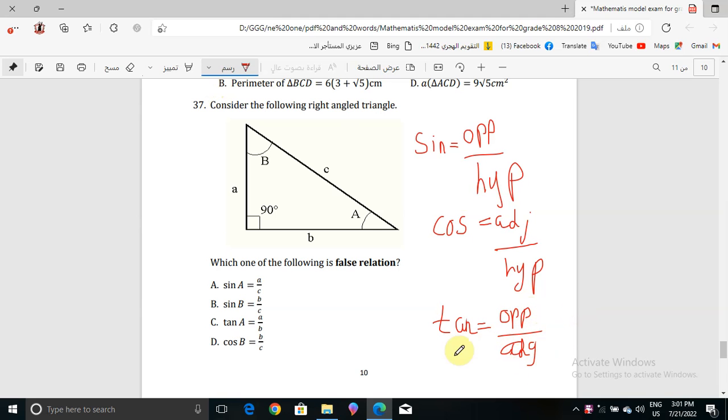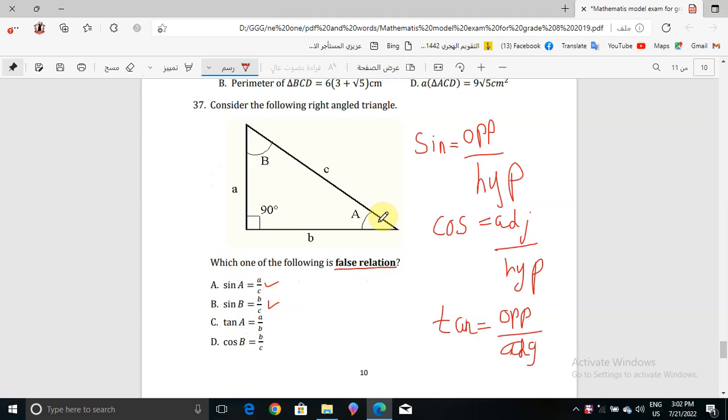Okay, now here sin A will be opposite, which is A, over hypotenuse, which is C. So A over C. It's correct, because the question asks for the false relation. Sin B: the opposite is B over hypotenuse C, so B over C. It's correct also.